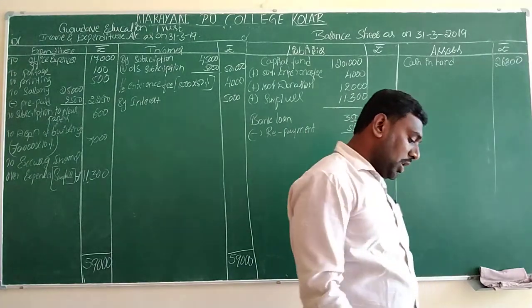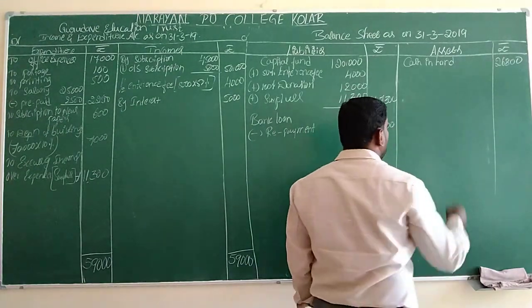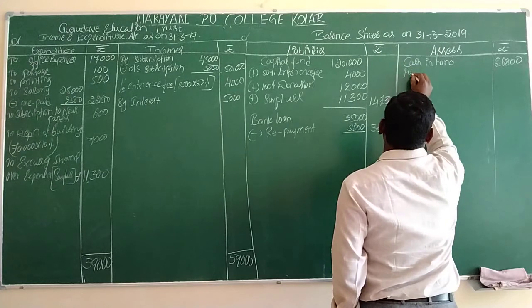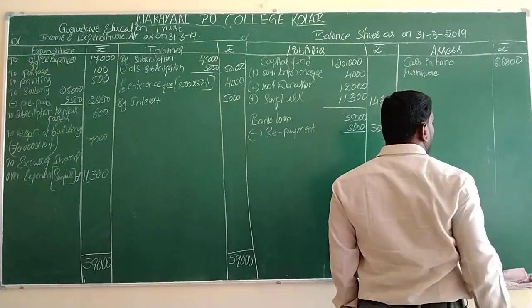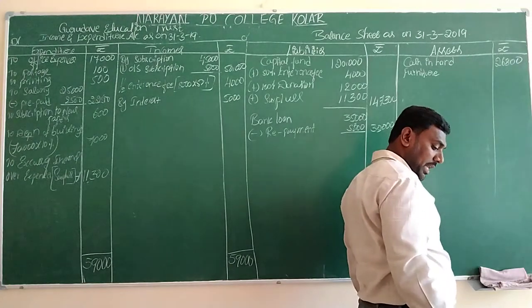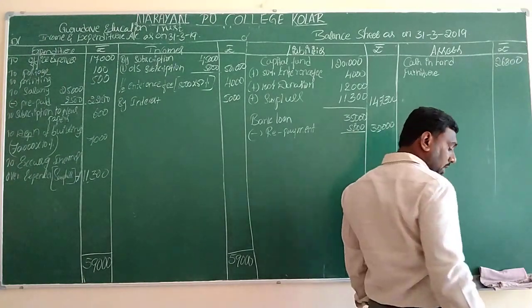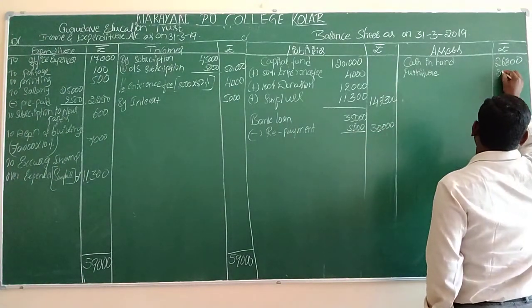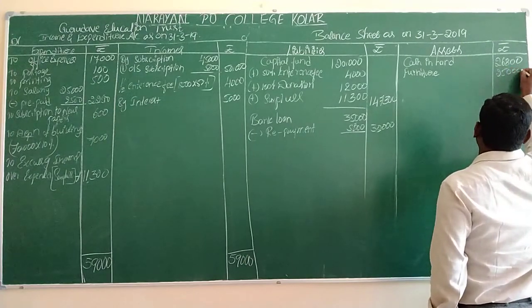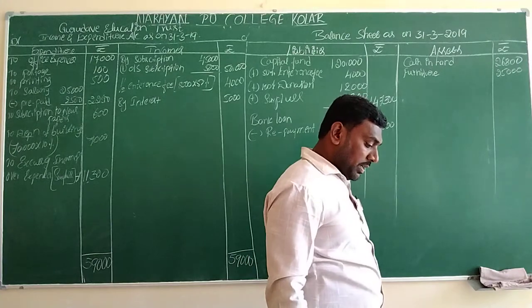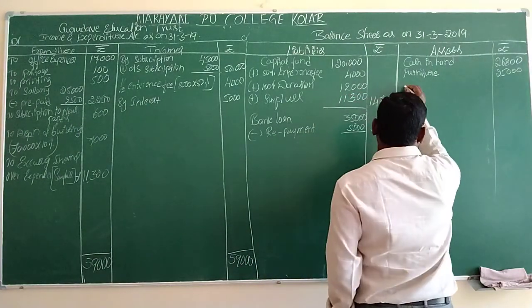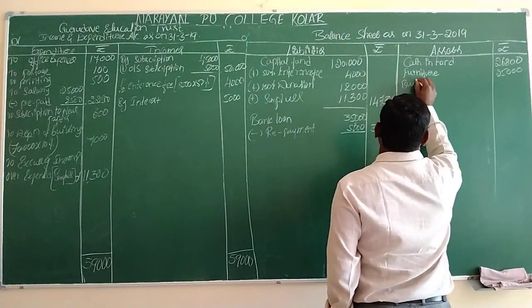After cash, we write furniture. For this furniture there is no adjustment, so we write directly 25,000. After that, buildings are given.